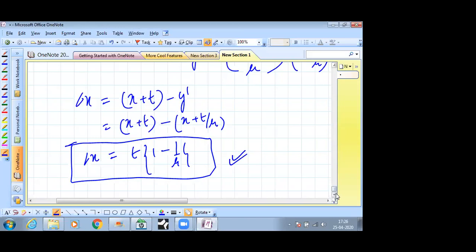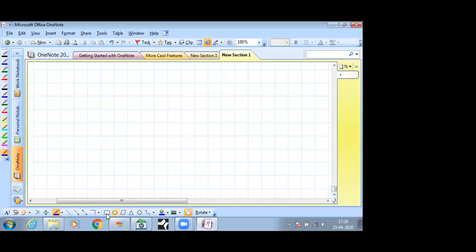So the type of questions where this becomes very useful is something like this. For example, if we have something like this.